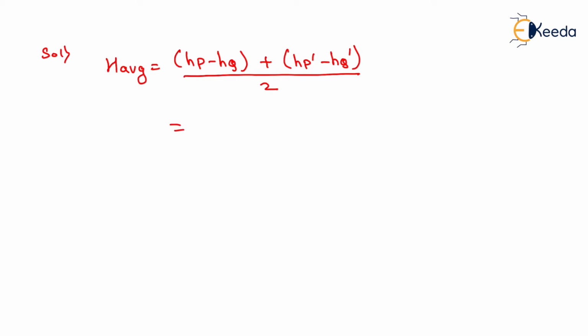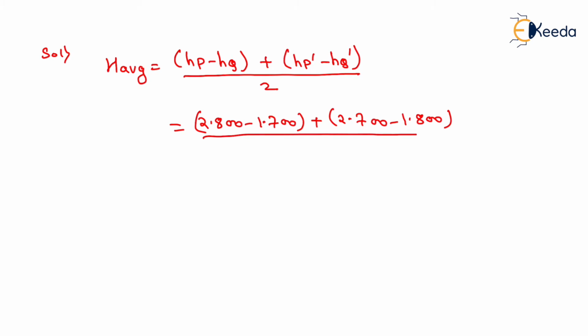We have the value of HP as 2.800 meter minus HQ as 1.700 meter. Similarly, HP dash as 2.700 meter and HQ dash as 1.800 meter, divided by 2. After solving this, the value of H average will be equal to 1 meter. That will be the average differential level between P and Q.